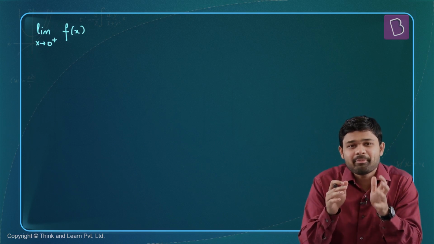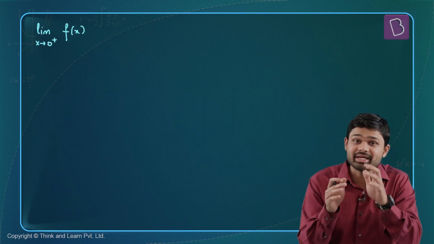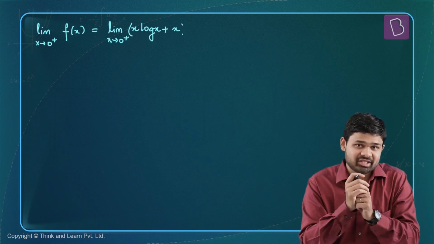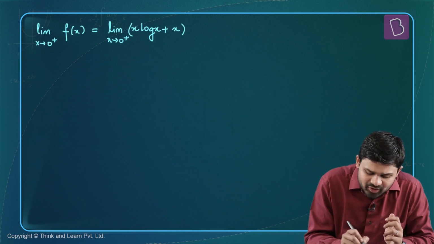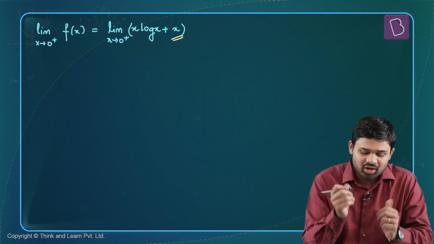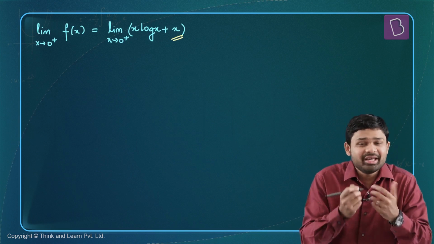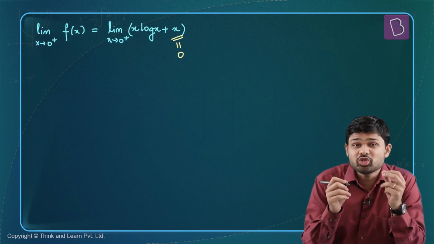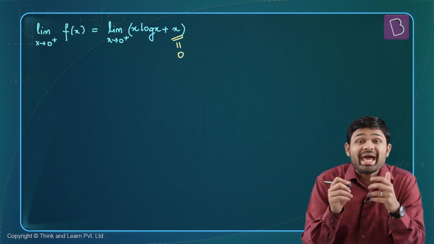So the limit as x approaches 0 plus of f of x is nothing but the limit as x approaches 0 plus of x log x plus x. Now evaluating the limit of the second term is very trivial because as x approaches 0, the limit of x is also going to be equal to 0. But as x approaches 0, what happens to x log x?